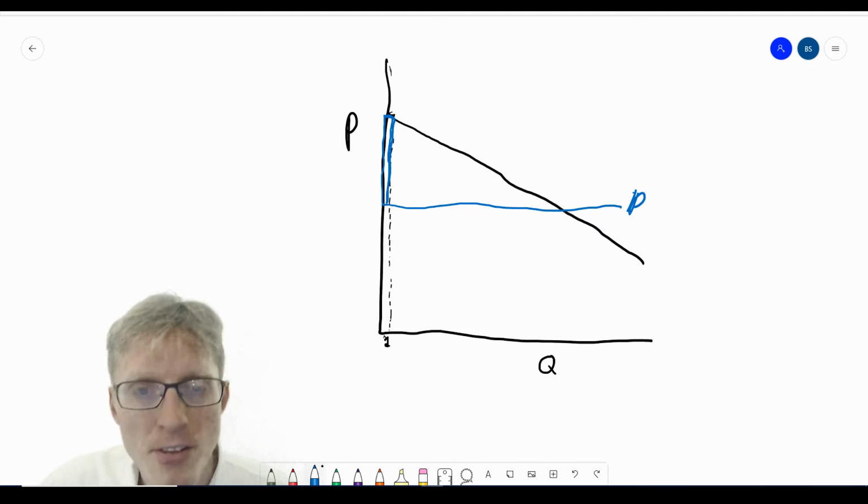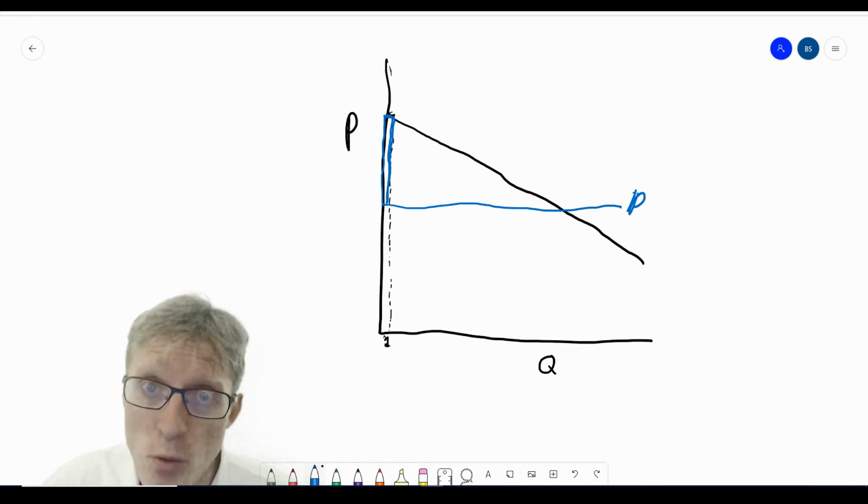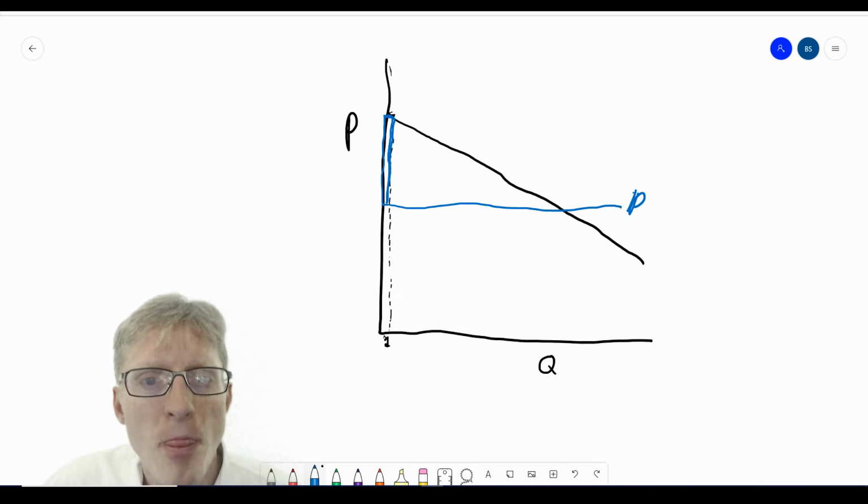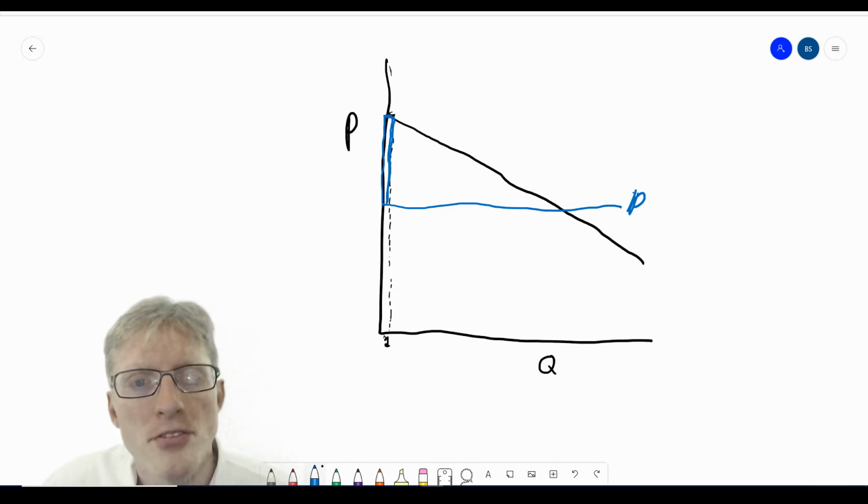So to get the area of this rectangle, we're going to multiply the $5 times the 1 unit that I'm buying. So 5 times 1 is 5. And this represents a consumer surplus that I am getting, $5 of consumer surplus.